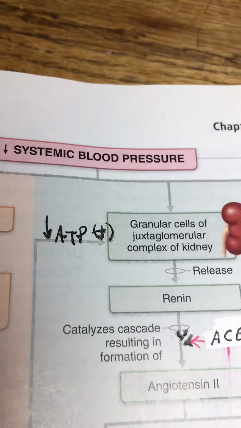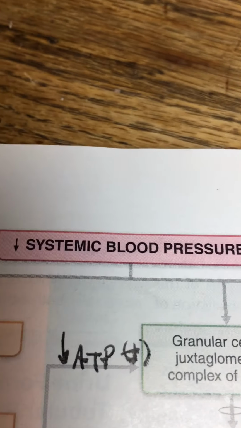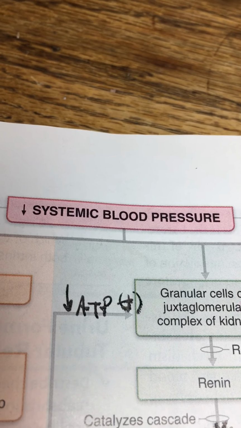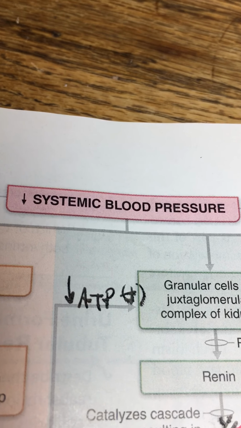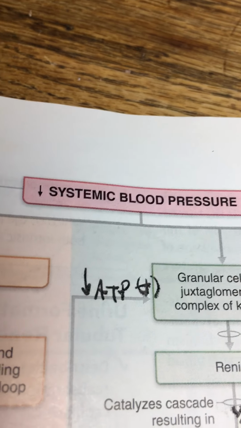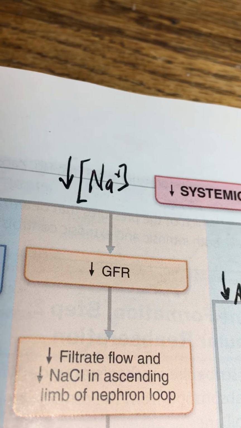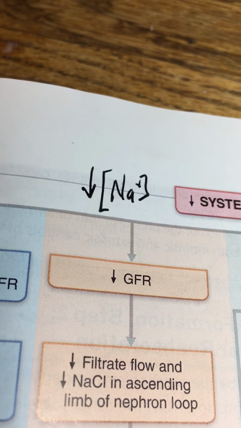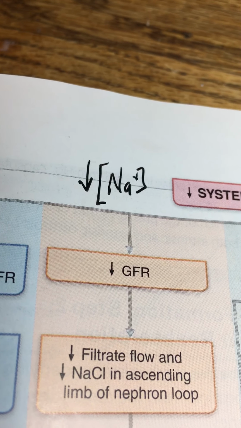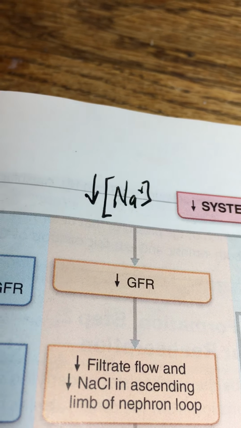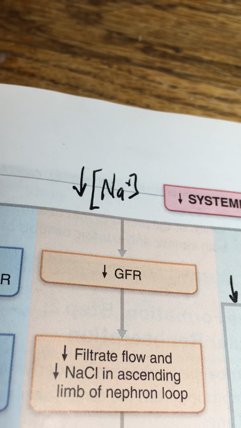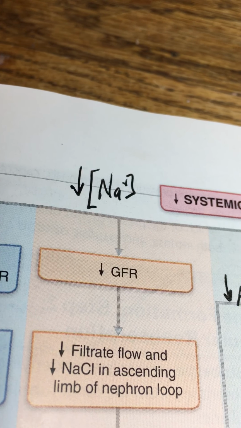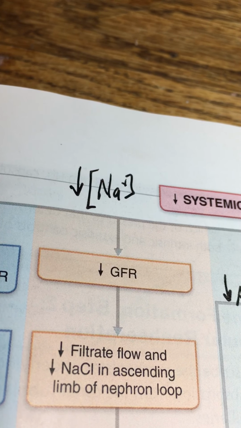Okay, so we're beginning up here at the very top, with the idea of low systemic blood pressure. Another thing that can be at play here is a low concentration of sodium in the diet. We spoke of that before: on a hot summer day you've had a drink of water, but it doesn't seem to quite quench your thirst, because there's not enough electrolytes in pure water.